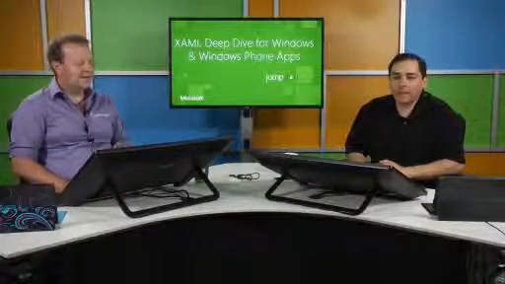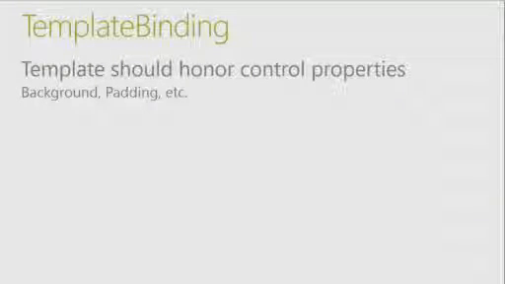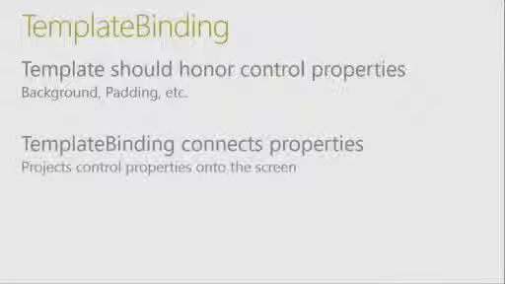Yep. All right, template binding, we mentioned that already in the demo. You want the template to take reference, if you can show my screen, on some properties which are defined within the control. For example, background, padding, border brush, and all that. I showed how to do that. It's actually pretty simple.